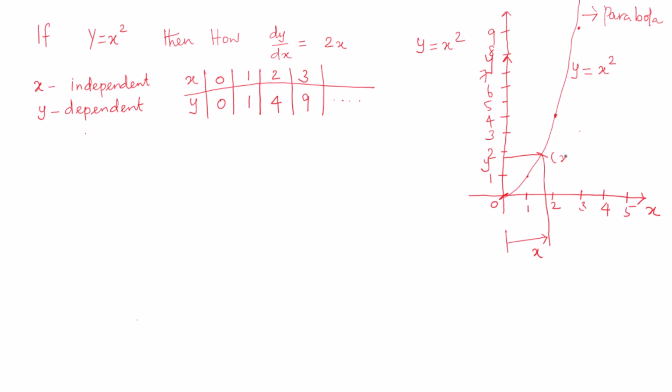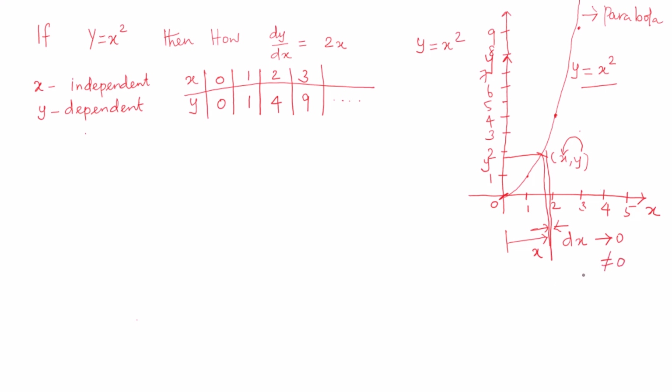So this will be x comma y, and y is depending on x, like this, y equal to x square. Suppose you take a small increment, a very small increment dx. So dx tends to 0. It is not equal to 0, it tends to 0.